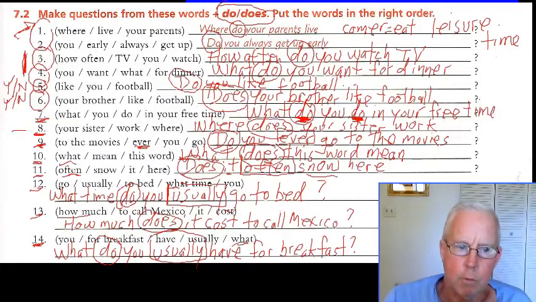Okay, so that's quite an exercise. Let me just look down here.